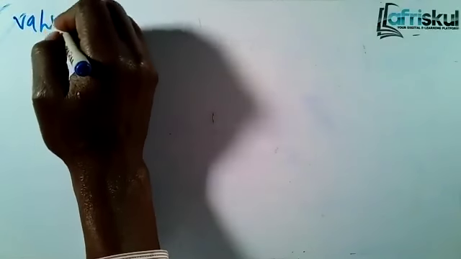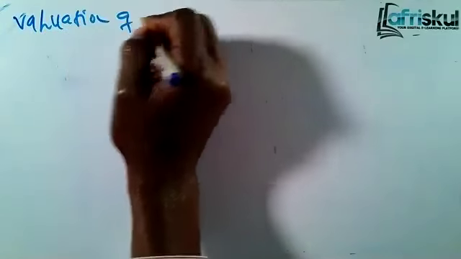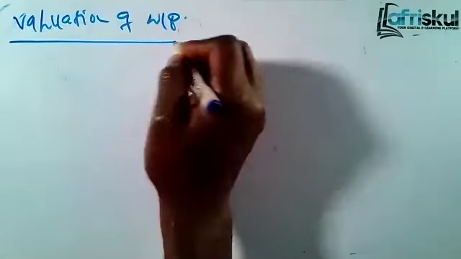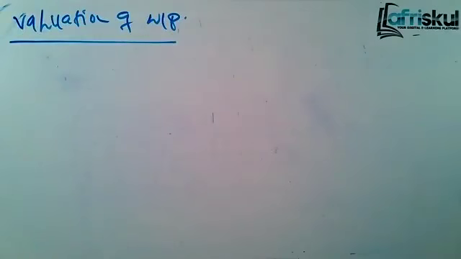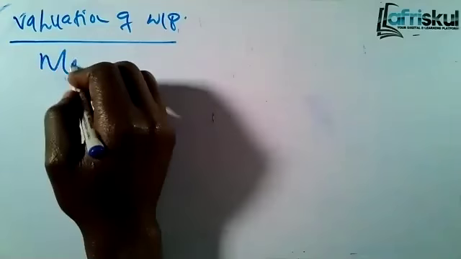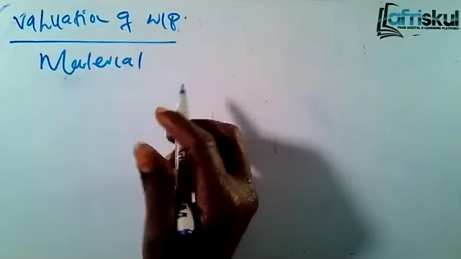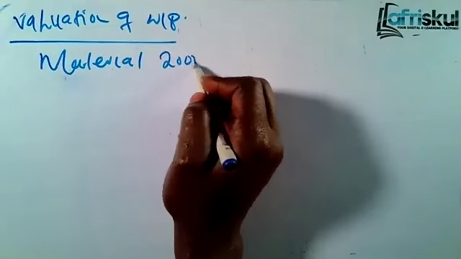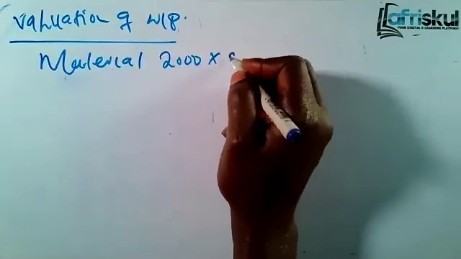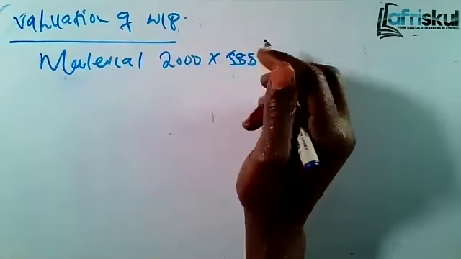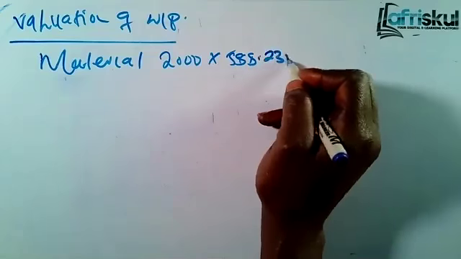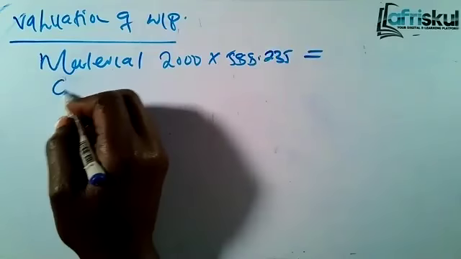But before we go to process B, we're going to value our work in progress, valuation of WIP. Material was 100%, which was 2,000 units. We're going to multiply them by 588.235, and then we have conversion.